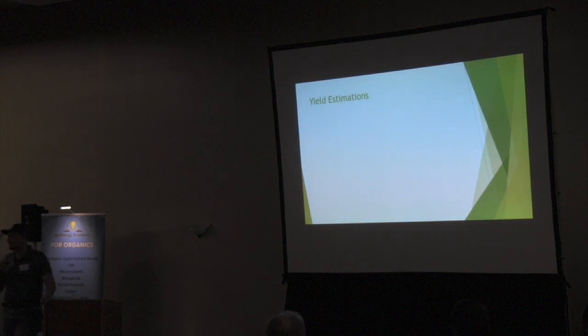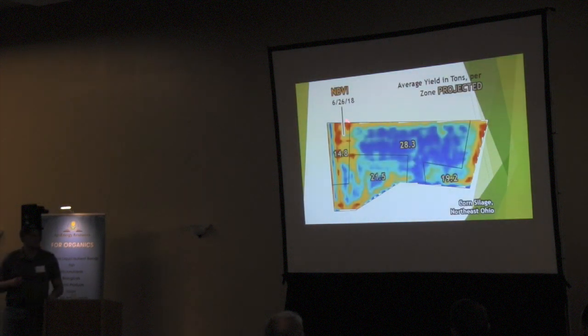So now we'll get into some yield estimations, where I can kind of pound my chest a little bit and say I'm pretty good. So here's our NDVI of 6/26, 2018. This is projected. This is going to be corn silage. This is our farm too, so I've had 2 years, 3 years of data to get pretty good with it. So here are my projections, in tons: 14.8, 28.3, 21.5, 19.2.